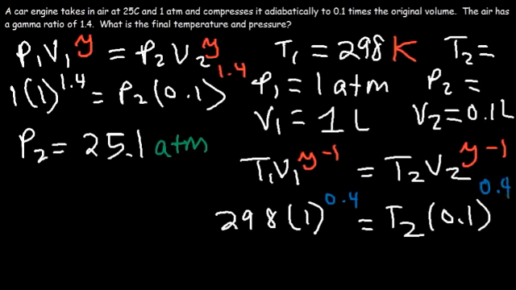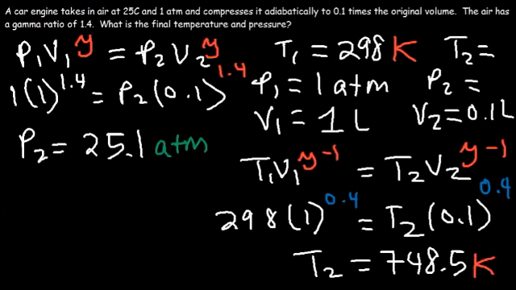So T2 is going to be 298 times 1 raised to anything is 1, so 1 to the 0.4 is 1. So it's 298 divided by 0.1 raised to the 0.4. And you should get 748.5 Kelvin. If you subtract that by 273, that's 475.5 Celsius.